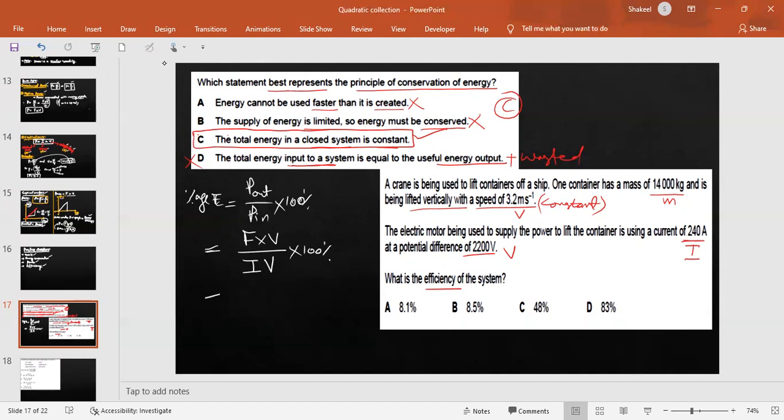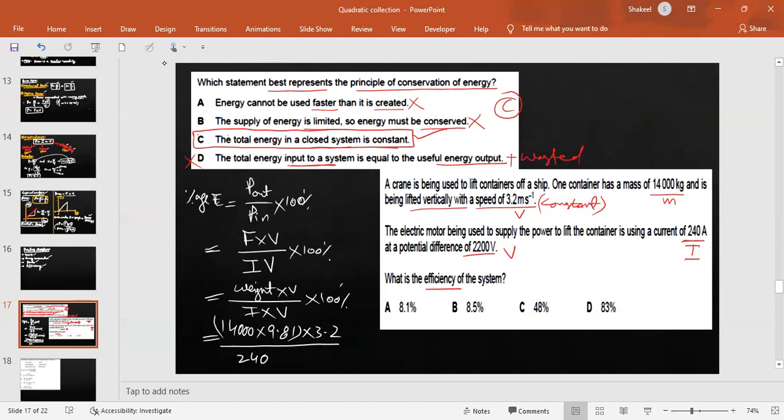If an object is being lifted upward with constant speed, the force is equivalent to its weight. So weight times velocity over current times voltage. Now you have to put in all the values. Weight is 14,000 times 9.81, and velocity is 3.2, divided by current 240 and voltage 2200. So that's how you can get the answer.